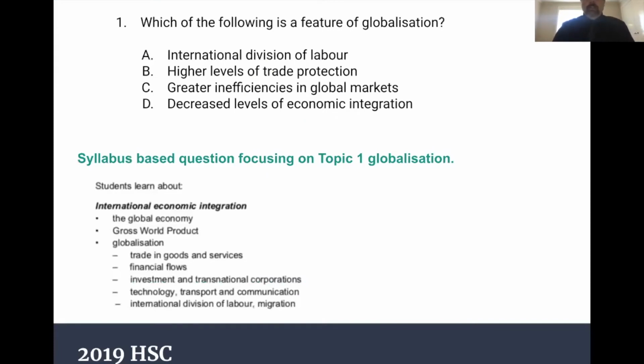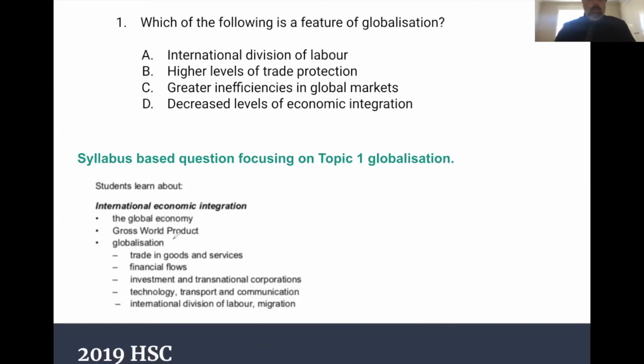Last year's HSC Exam Question 1: you'll tend to notice that the examiners try to ease students into the exam, so usually the first question or so should be relatively easy. Looking at this particular question, which of the following is a feature of globalization? Just to come back to video 1 about knowing your syllabus and knowing it well, if we look down the bottom here, we can see the extract from the syllabus that the question comes from.